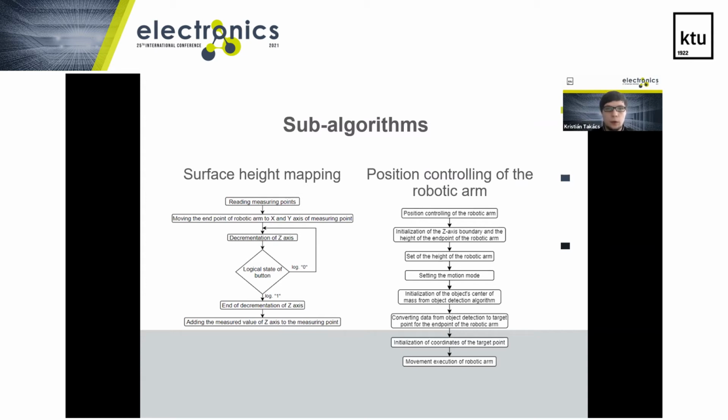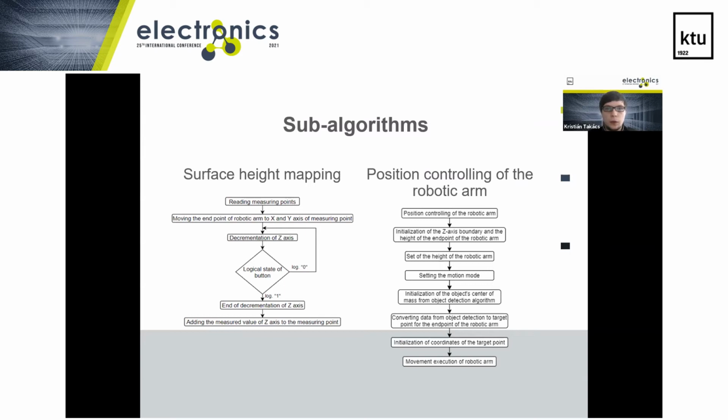This state is evaluated through GPIO pins of the robotic arm. The actual height coordinates are saved to a calibration file, and refinement of this height map is achieved using bilinear interpolation of the measuring key points.